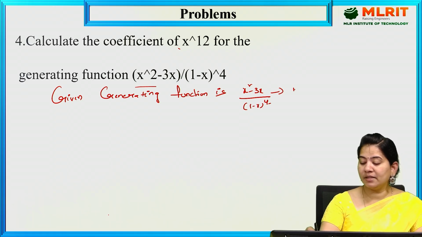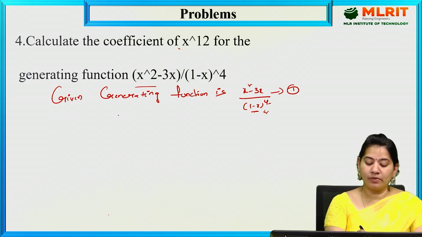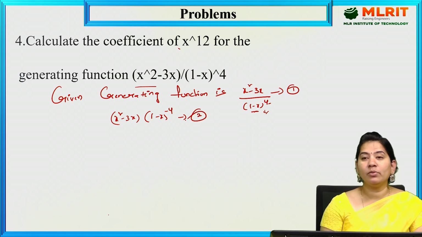Let us consider this as equation 1. Here the n value is also negative. If you send the denominator to the numerator, it becomes x square minus 3x into 1 minus x whole power minus 4, which is equation 2.